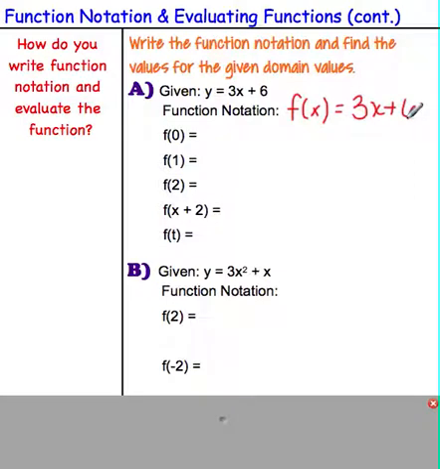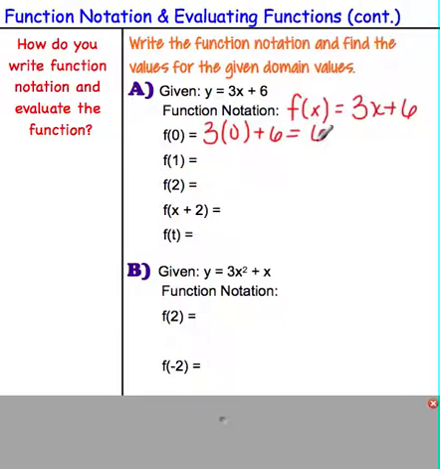What we want to do is find these values here. When we say f of 0, we're simply saying where that x is in the function, put in a 0. So in this case, we would have 3 times 0 plus 6, which if we evaluate using our order of operations, we get 6.